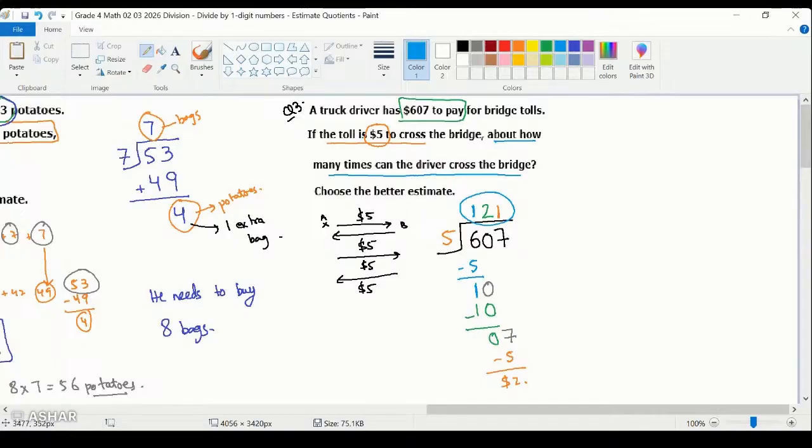The driver can cross how many times? The driver can cross the bridge 121 times with $2 change left, right?